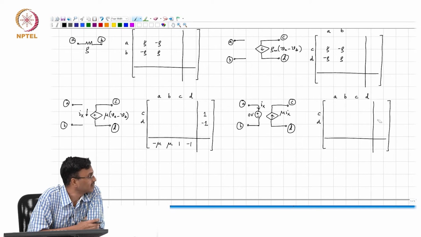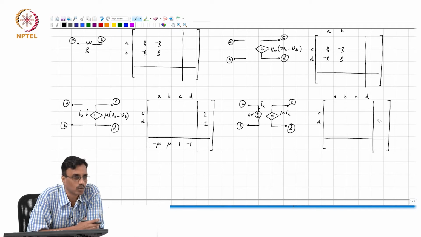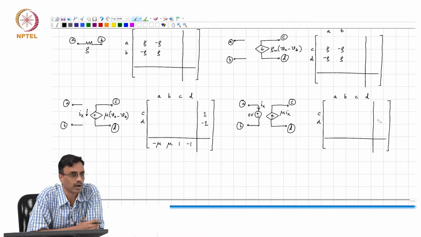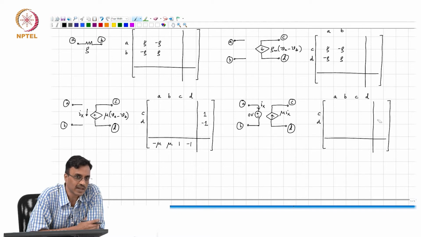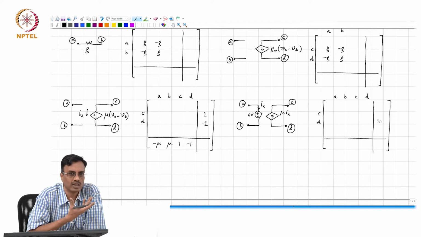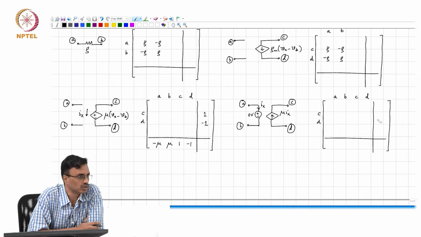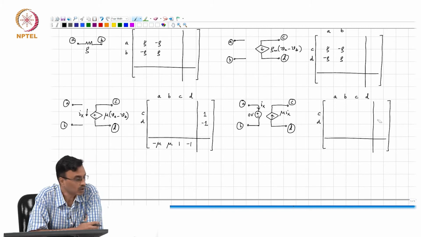So the question I am asking is, when you have a current controlled current source, is there an extra unknown that needs to be introduced? Yes, and what is that? That Ix is unknown, it is flowing through the 0 voltage source, and therefore it needs an extra unknown. So you will need an extra row and an extra column for that.